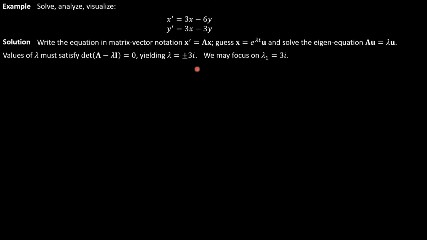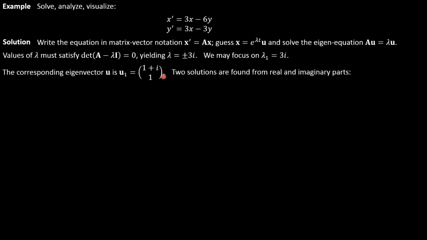So we can focus on just the first eigenvalue, since this is a complex conjugate pair. You only have to use one of them and then take real and imaginary parts to get your solution. So the corresponding eigenvector after using Mathematica is 1 plus i, 1.